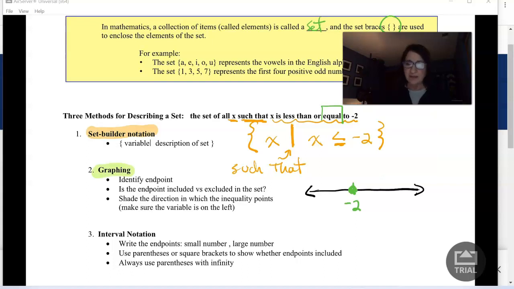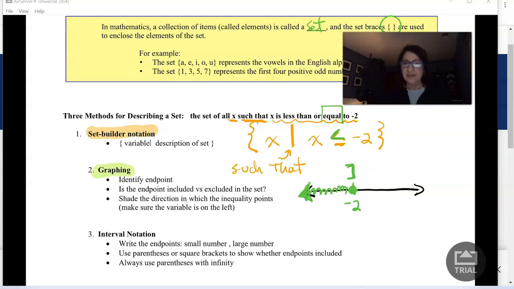And then because our inequality is pointing to the left, we would shade to the left and include the arrowhead. There we go. That is the set of all numbers which are less than or equal to -2. As an alternative, instead of using a solid circle, you could also use a square bracket.